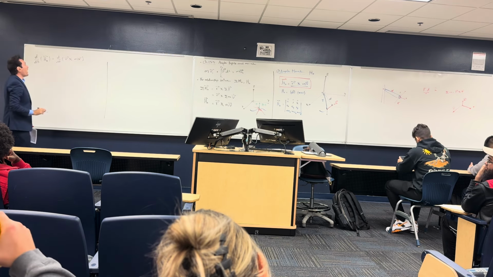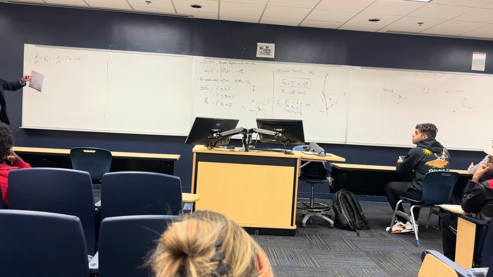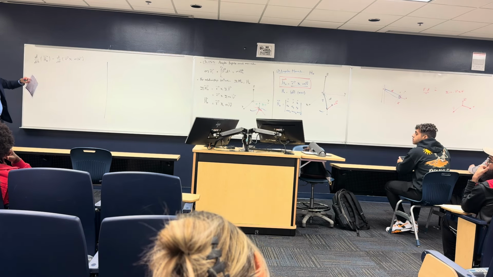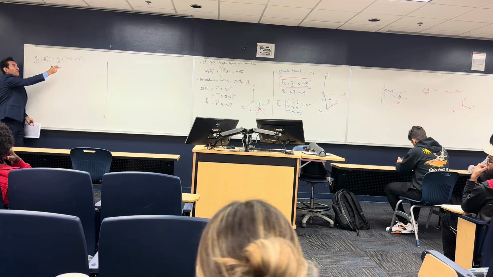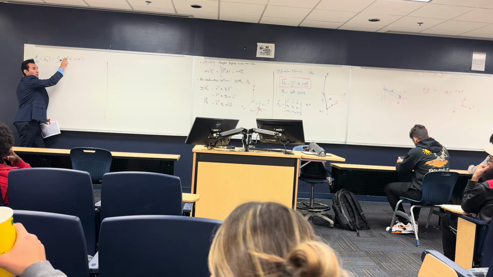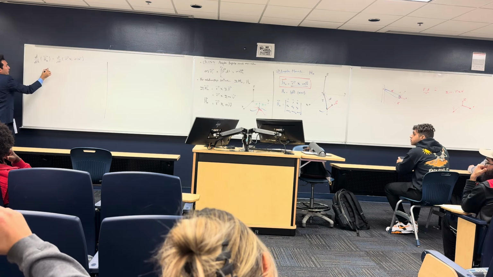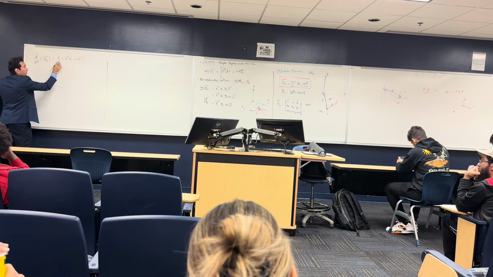Do you guys know how we can get the derivative of these two quantities? Do you remember when I have x multiplied by y and I want to get the derivative of xy? What should I do? I take the derivative of the first multiplied by the second, plus the derivative of the second multiplied by the first. So what is the derivative of r with respect to t?